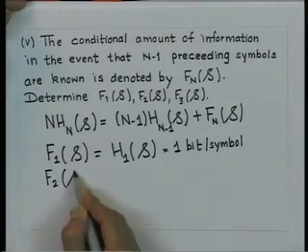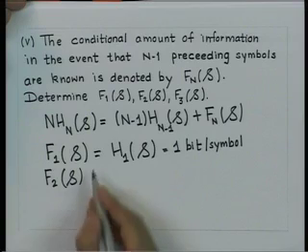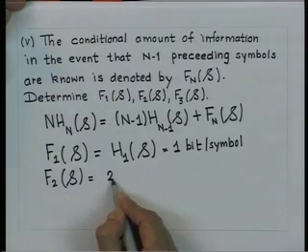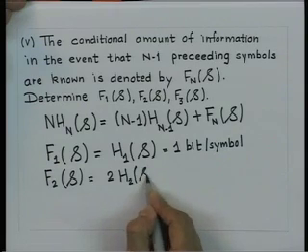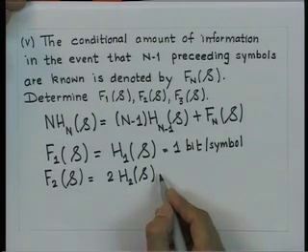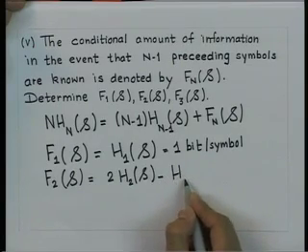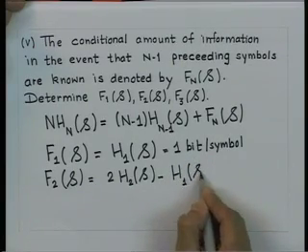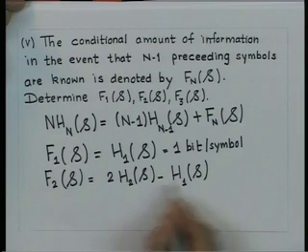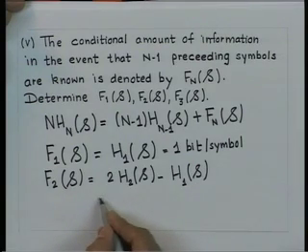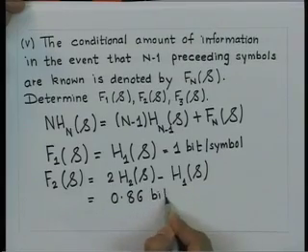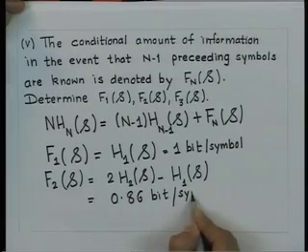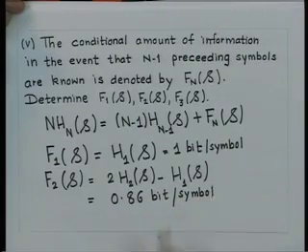F2S, from this relationship, is twice H2S minus H1S. Now, I know H2S and H1S as I have calculated earlier, so this turns out to be 0.86 bit per symbol.